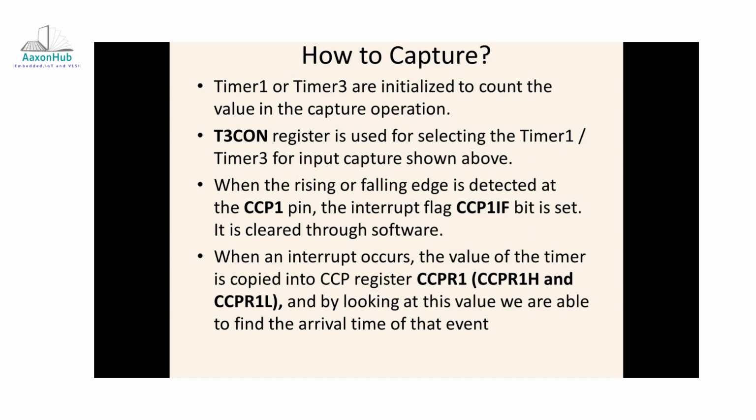Now, some concluding remarks on how your capture mode will work. As I have told you, capture mode is specifically associated with timer 1 or timer 3. So timer 1 or timer 3 is initialized to the count value required in your capture operation, which must be loaded in either timer 1 or timer 3.